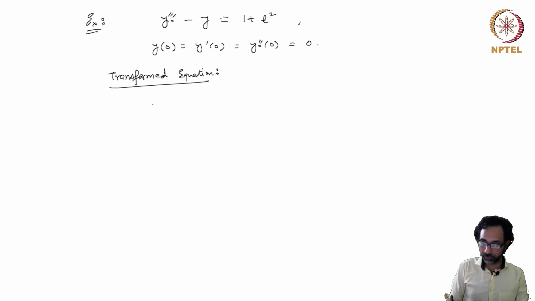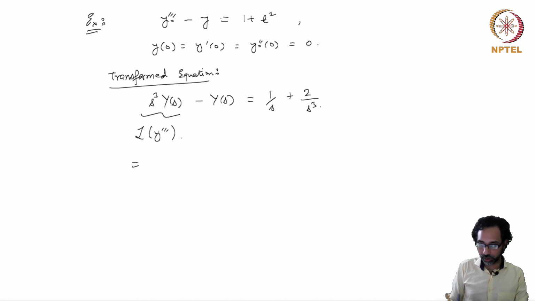This is given by s^3 Y(s). Because all these other terms are 0, you will only get the Laplace transform of the triple derivative of y, all other terms will be 0, and then the second term is simply Y(s), and on the right hand side you have 1 over s plus 2 over s^3.